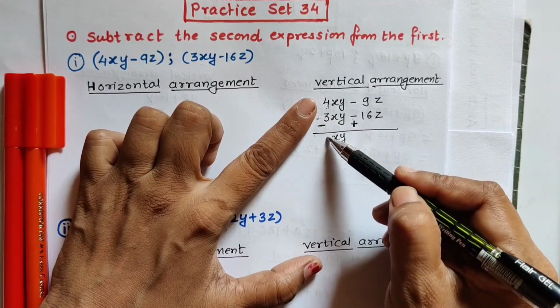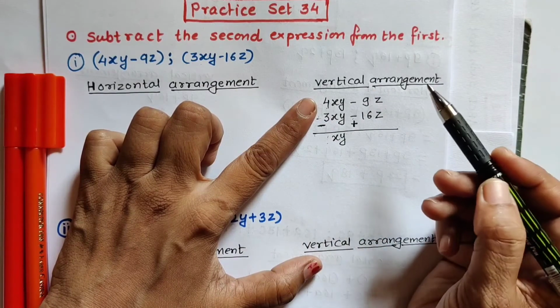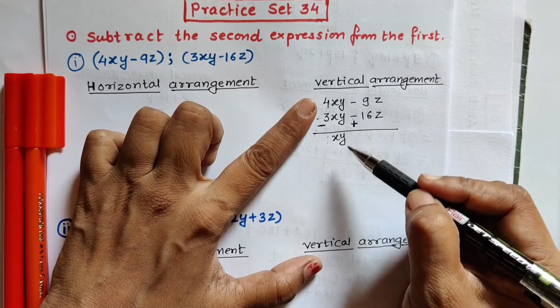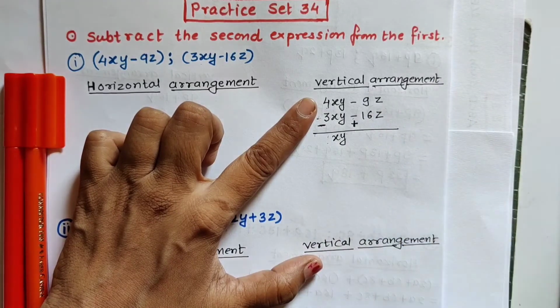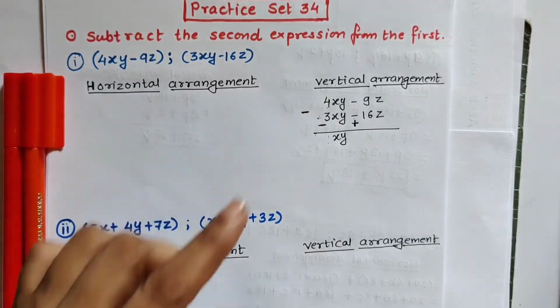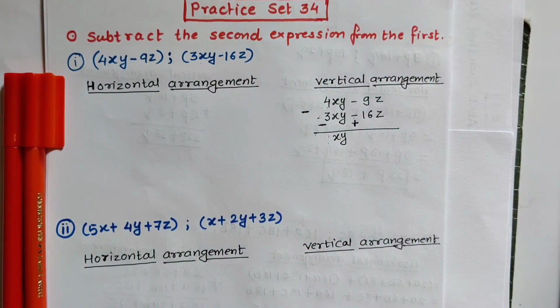So 4 minus 3 is 1, and when 1 is there we don't write it. When 1 is there as the coefficient, we don't write that 1. 1 will not be written when it comes as the answer. So the answer is only xy. We will not write 1. Always keep this in mind.